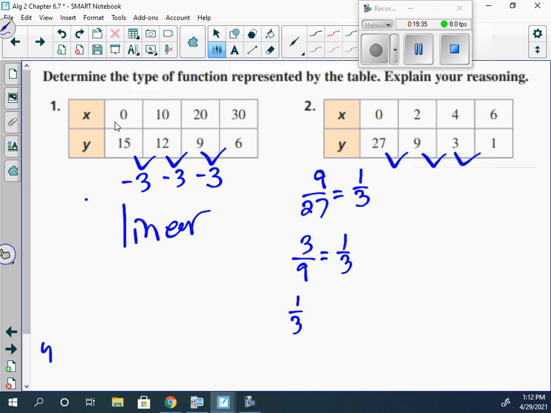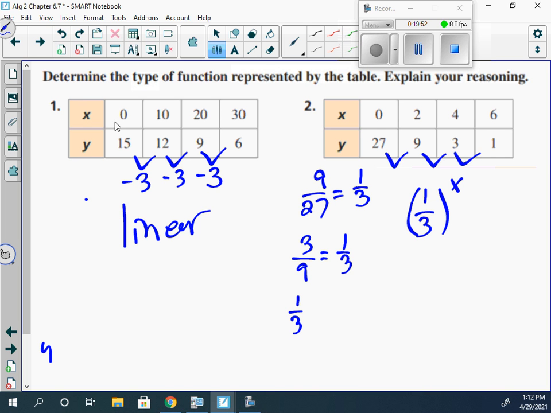Because really, from one number to the next, we're multiplying it by this constant term. Because for our exponential functions, for this here, we're looking at 1/3 to the x. It's being multiplied by itself so many times. That's why we get this common ratio, this common pattern.